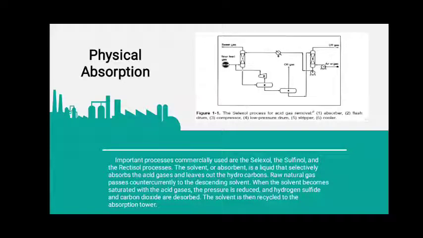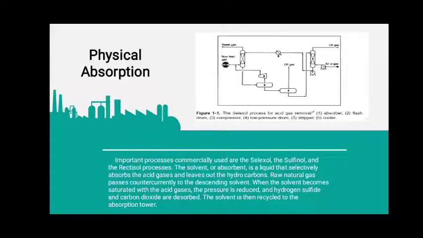The first method is physical absorption. Important processes in commercial use are the Selexol, Sulfinol, and Rectisol processes. The solvent or absorbent is a liquid that selectively absorbs the acid gases and leaves out the hydrocarbons. Raw natural gas passes countercurrently to the scrubbing solvent.